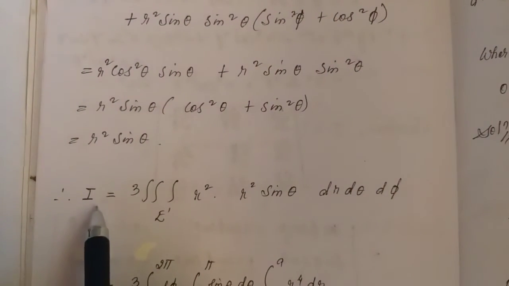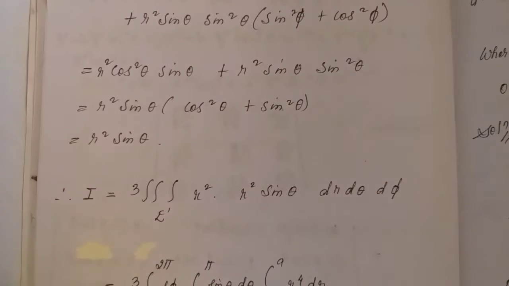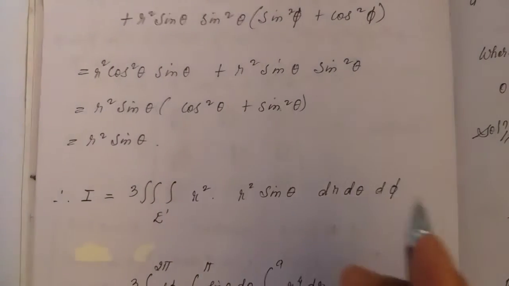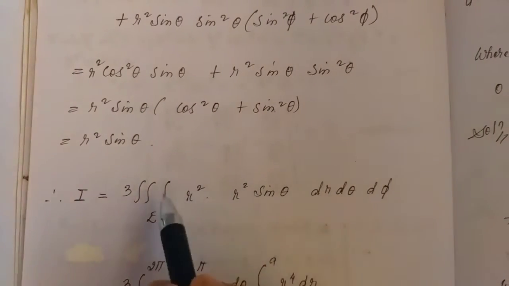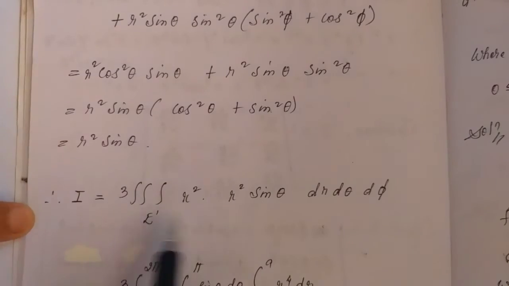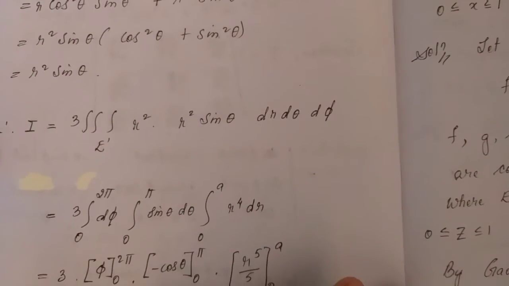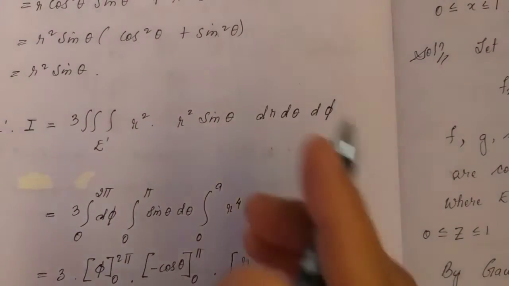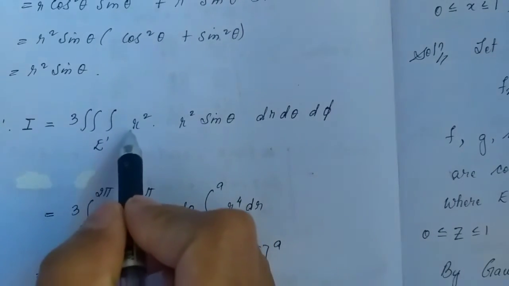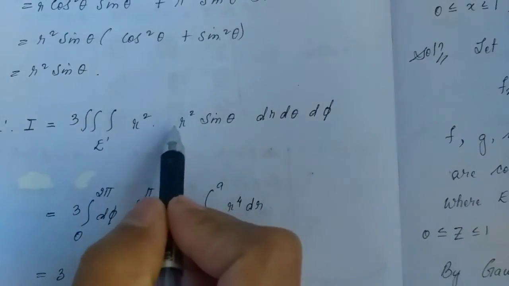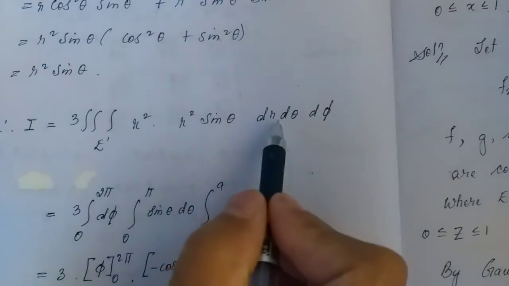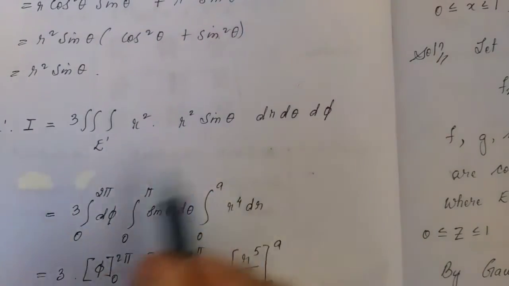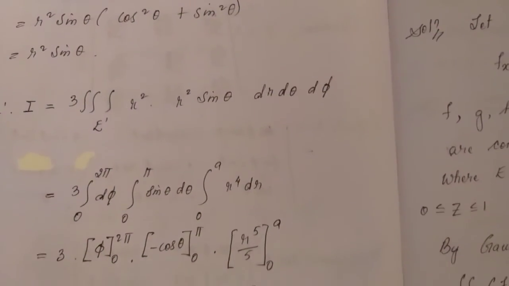Therefore, the integral becomes 3 times the integral over E of r square sine theta dr d theta d phi.